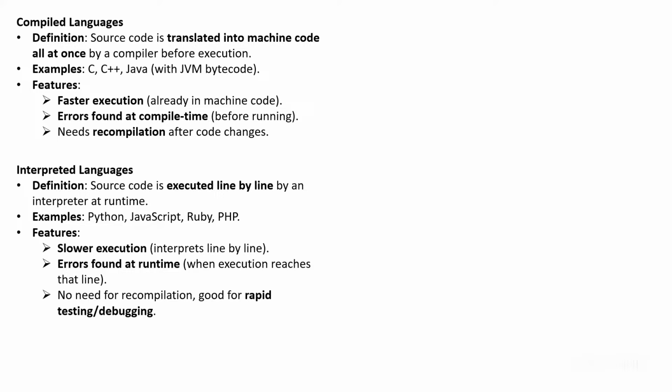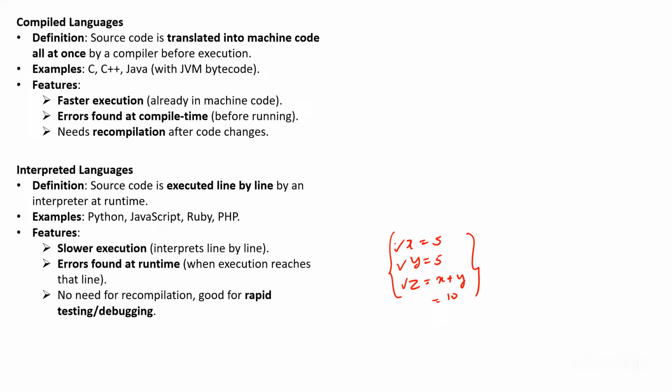How does a compiled language work? For example, I say x is equal to 5, y is equal to 5, and z is equal to x plus 5. Now the output will be 10. In a compiled language, first it converts all of this together into machine language, then it executes all together from start to end.